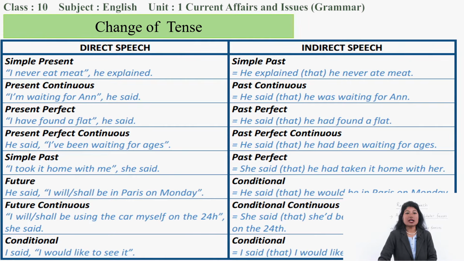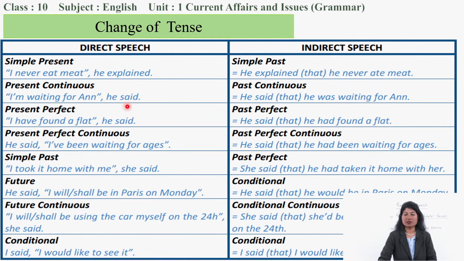Like, "I never eat meat," he explained. How did it change? He explained that he never ate meat. So this is what we have practiced already: simple present changed into simple past. Next, "I am waiting for Anne," he said.